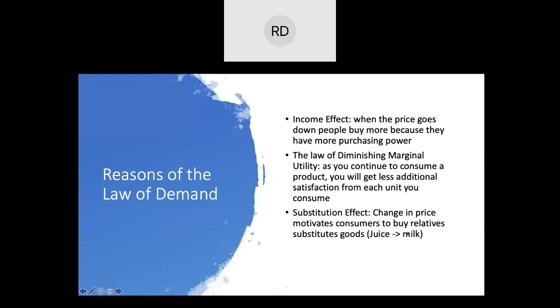But if you have $10 in your pocket and you want to purchase an orange juice that costs $1, well, you can have 10 of them, right? So that is what the income effect is.